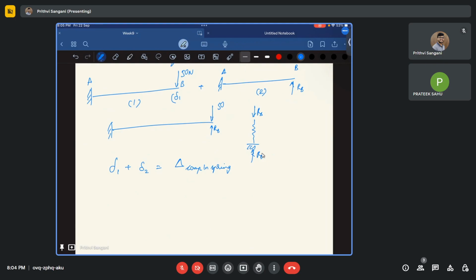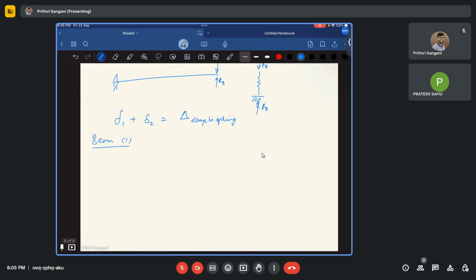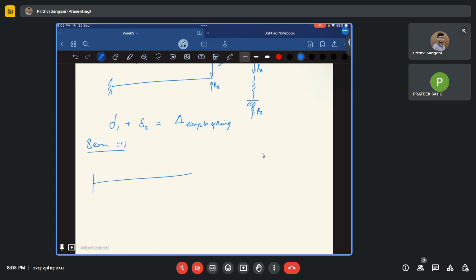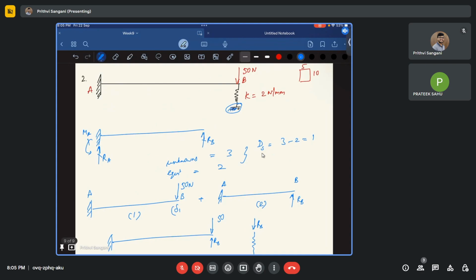So what is delta one? Beam one is my cantilever beam. This is my 50 newton load acting. I didn't mention the span. This is 200 mm.